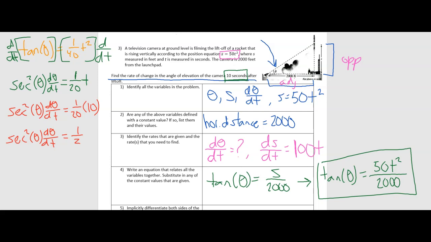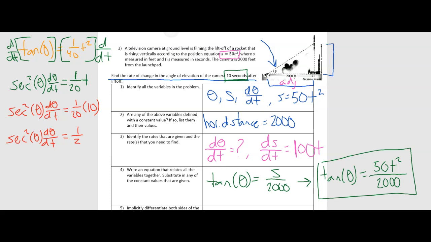Well, let's go back. Is there any way for me to figure out what theta is? I could go back to my original equation, and I could substitute in 10 for t and then solve for theta. So let's do that. You need a lot of space when you're doing these related rates problems.